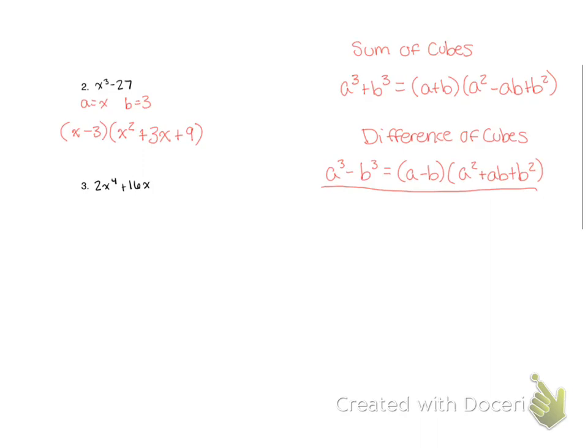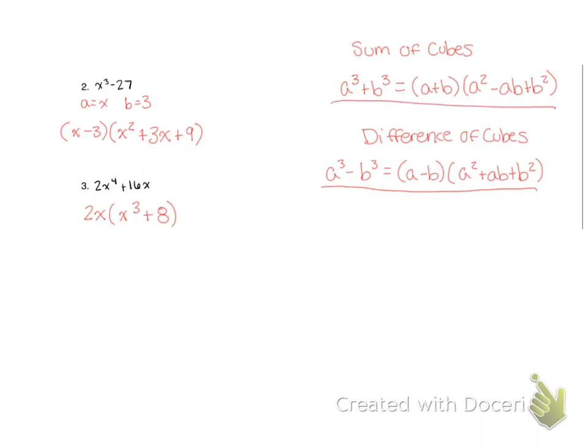Now, on the next one, number 3, can you factor out a greatest common factor? Well, yeah. You can factor out a 2x, and you're left with x cubed plus 8. You are not done yet. x cubed plus 8. 8 is a perfect cube. Okay? Now, these are being added, so this is where we're going to use the sum of cubes.